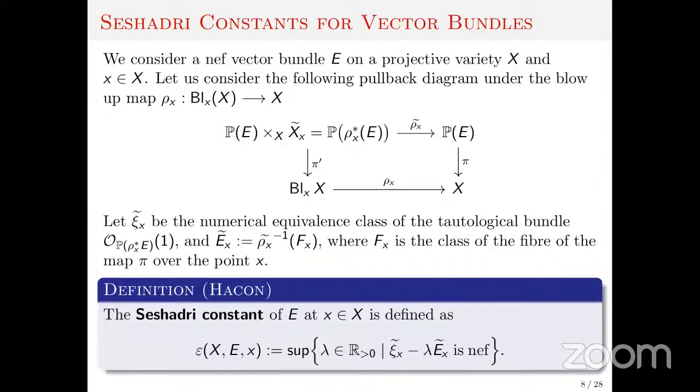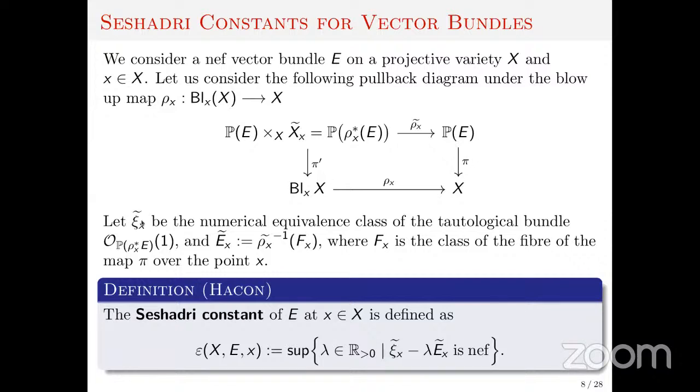So next we go to the Seshadri constant for vector bundles. If I start with a nef vector bundle E on a projective variety X and fix a point x in X, I blow up the point x in X and consider the projectivization of E, and I further blow up P(E) along the fibers over x. So this is the commutative diagram, and this is the blow-up of P(E) along the fibers over x.